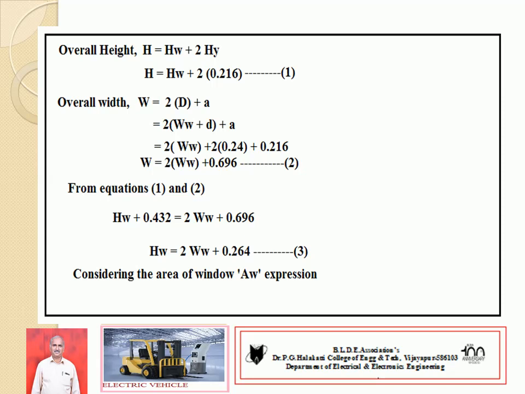You develop equation number 2. Then as per the given condition, overall height equal to overall width, equate equations 1 and 2. So you replace one parameter. I want to replace HW. HW equal to 2 times WW plus 0.264. You call it equation number 3.